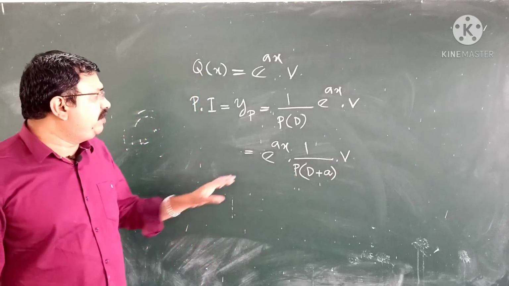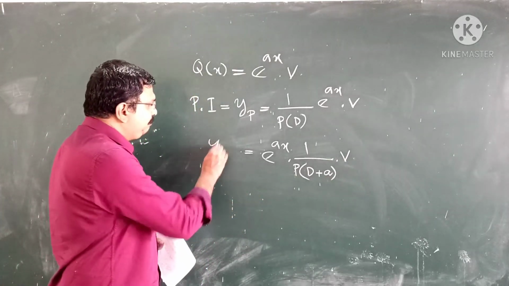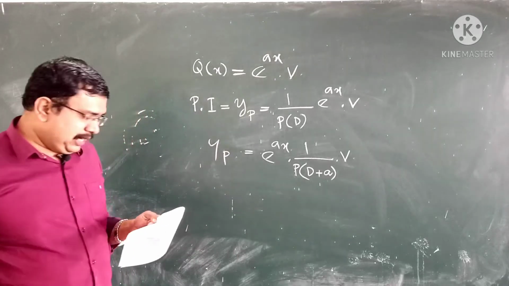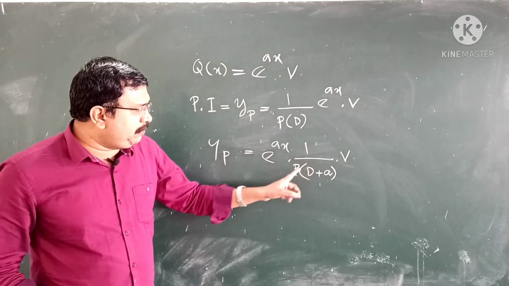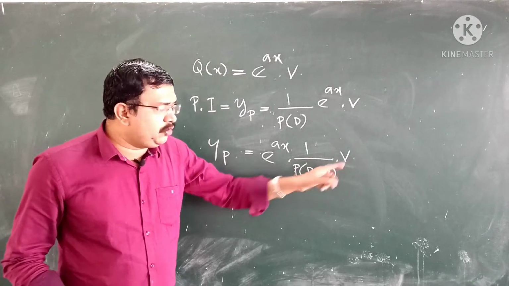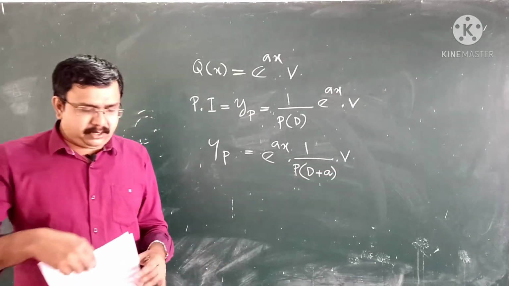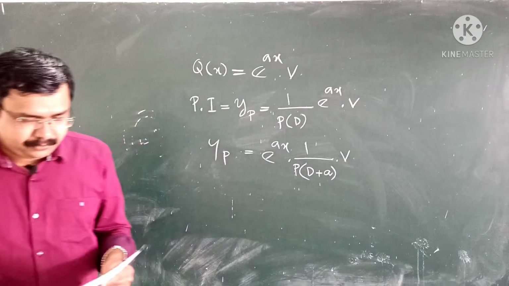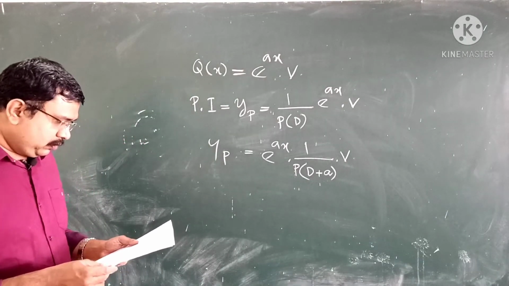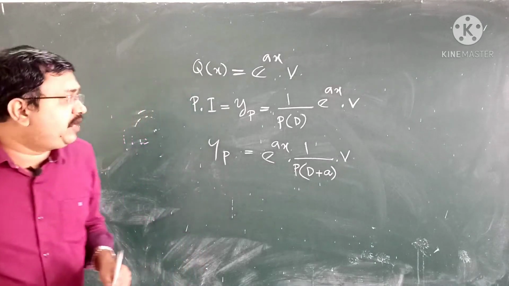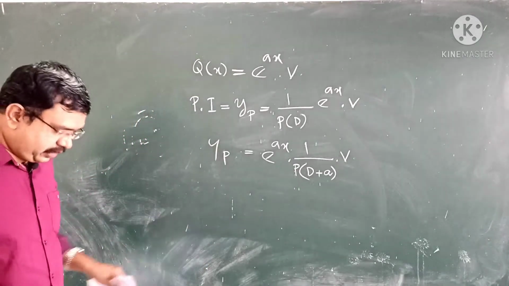This equation is very important. The particular integral can be calculated by e raised to ax into 1 by p of (D plus a) into v. Okay, now we can do some problems based on this equation.